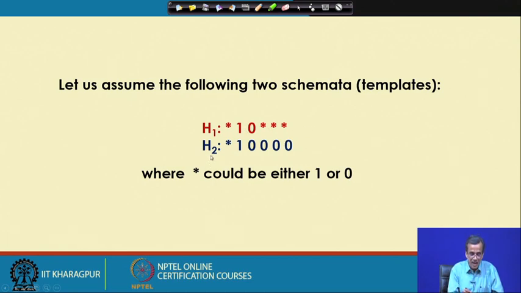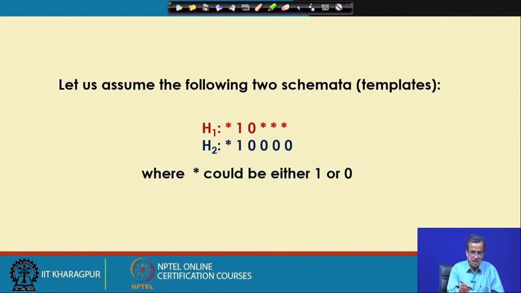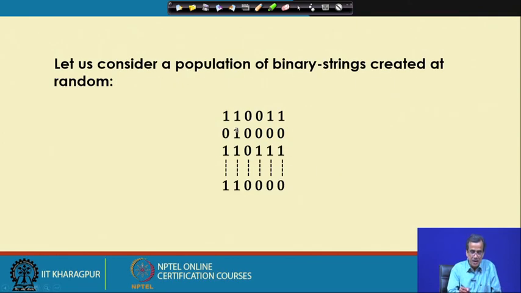Similarly, H2 is nothing but star 1 0 0 0 0. If I see this population, then 1 1 0 0 0 0, the second, follows that, the third does not follow, but the last one follows this particular H2.